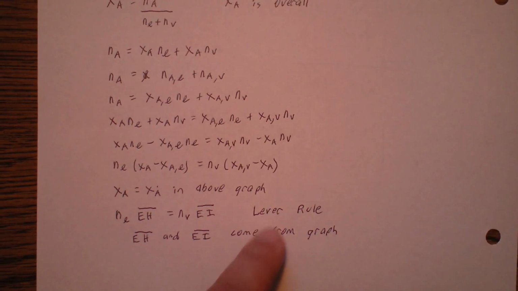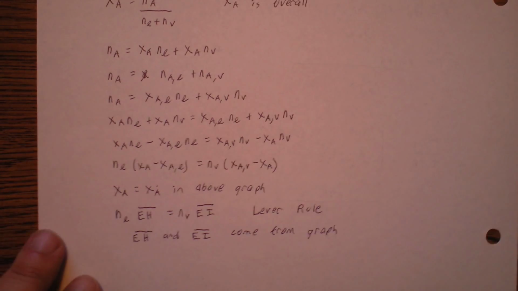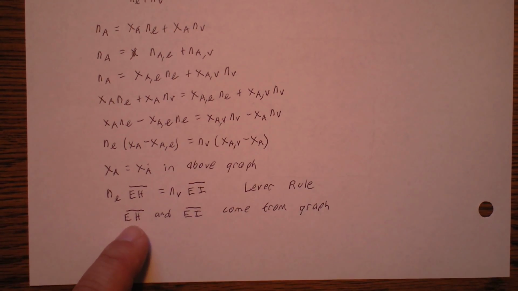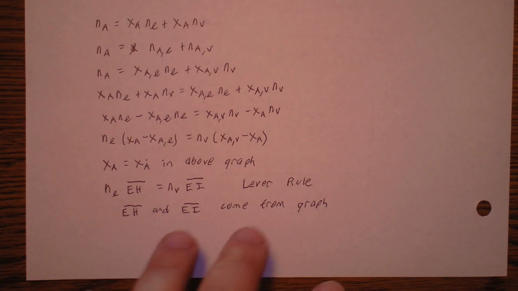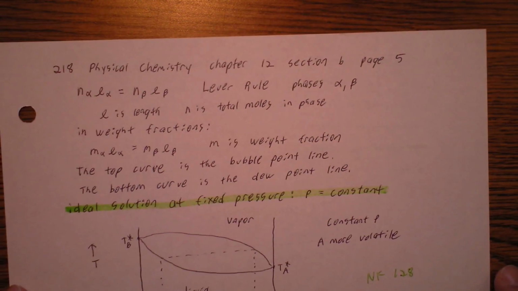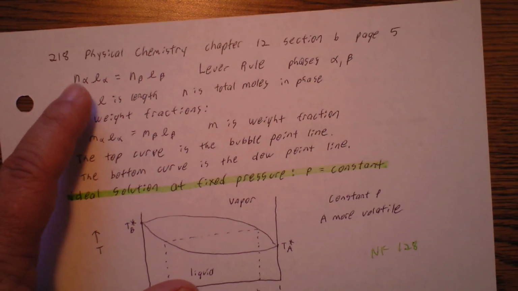This is called the lever rule because it works kind of like a teeter-totter or a lever. So remember, this length EI and EH, those come from the graph that I was showing you just now. So here we are, the lever rule.